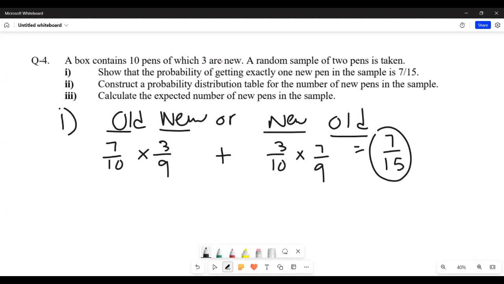Okay. Part 2. Construct a probability distribution table for the number of new pens in the sample.